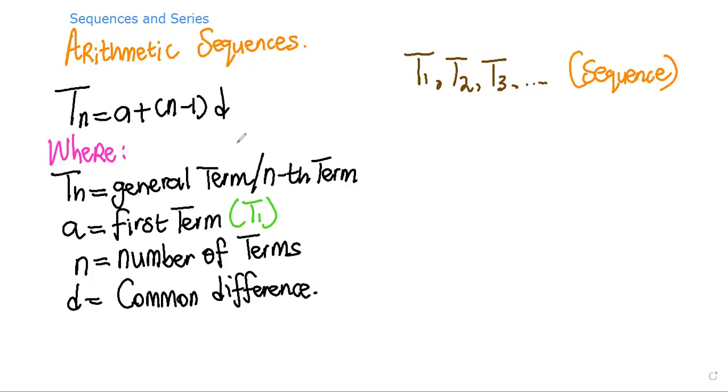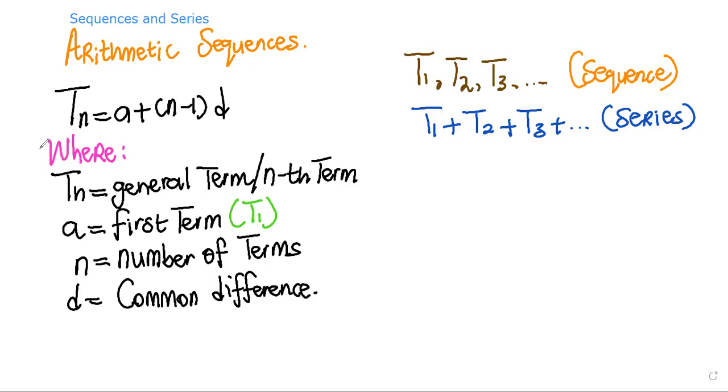So a sequence must always have commas in between. But the moment we have T1 plus T2 plus T3 and so forth, we're talking about a series. So before you can go any further, you must understand the difference between a sequence and a series, right?